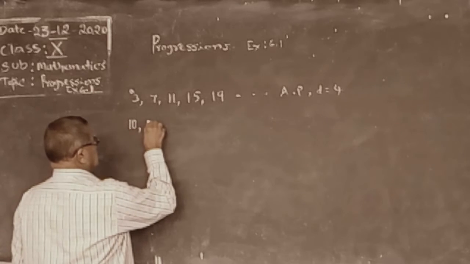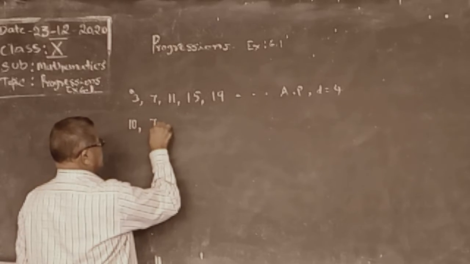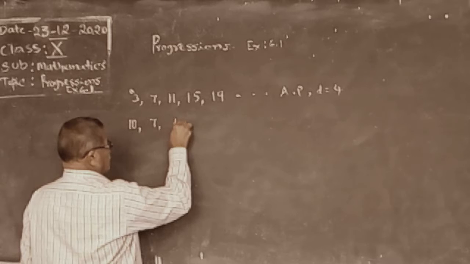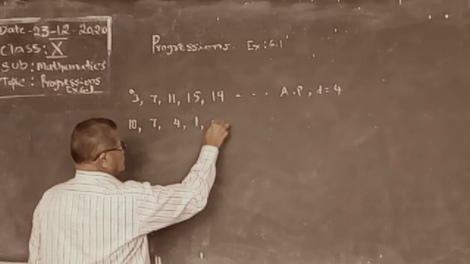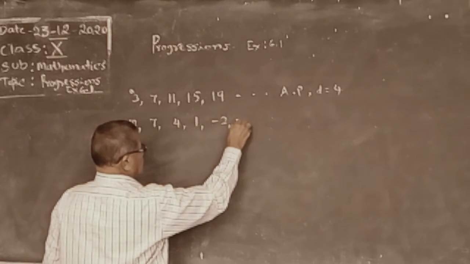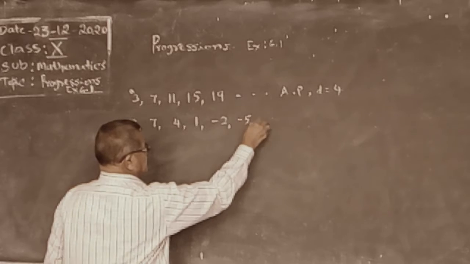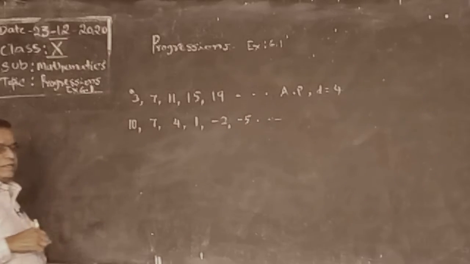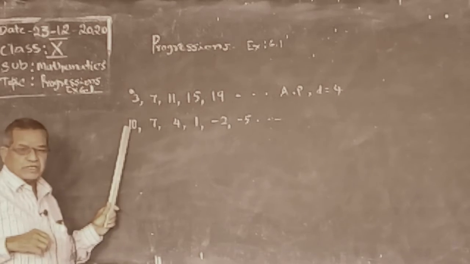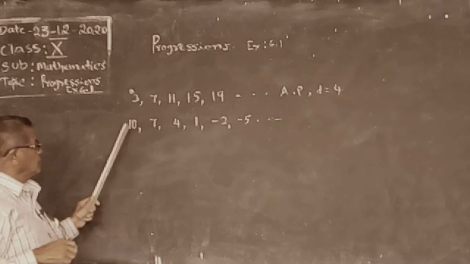10, 7, 4, 1, minus 2, minus 5, and so on. Here this is also an arithmetic progression.